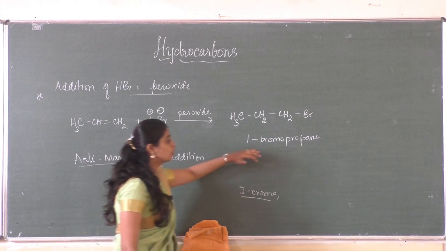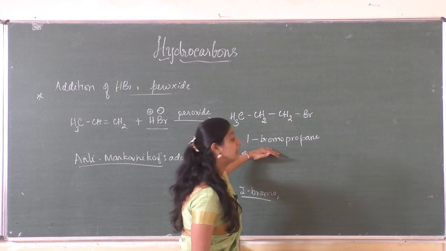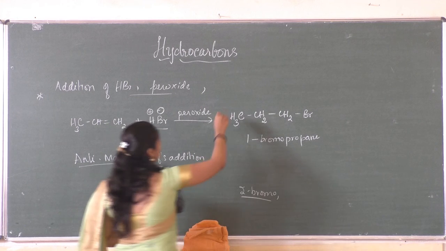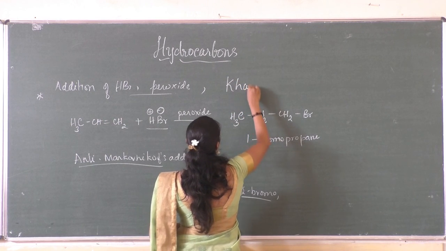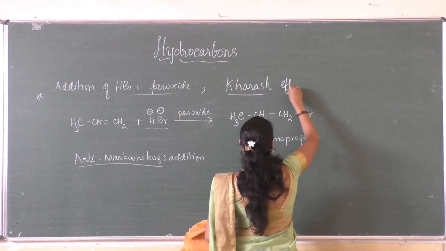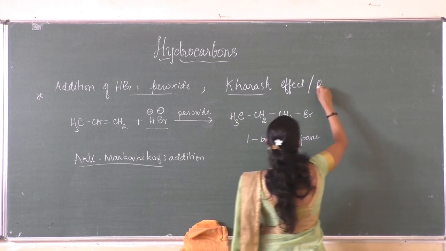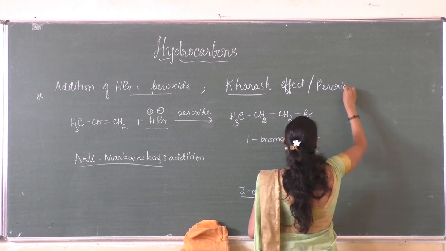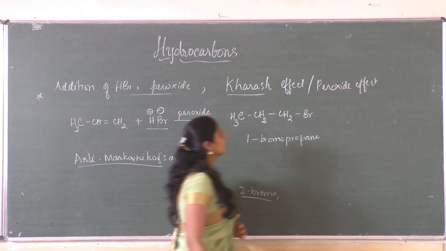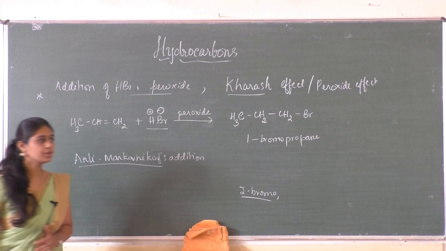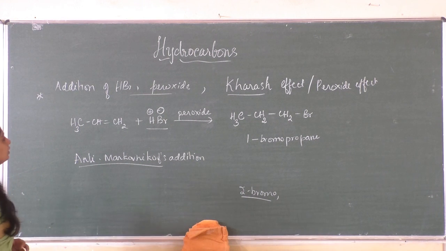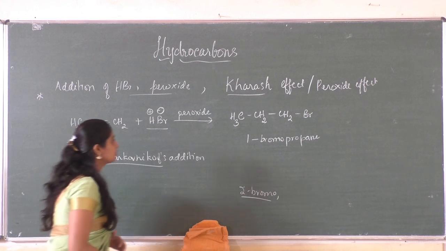That is, 1-bromopropane is obtained as the final product, and this reaction is called the Kharasch effect, or peroxide effect, or anti-Markovnikov's addition. This is an important concept you need to remember.